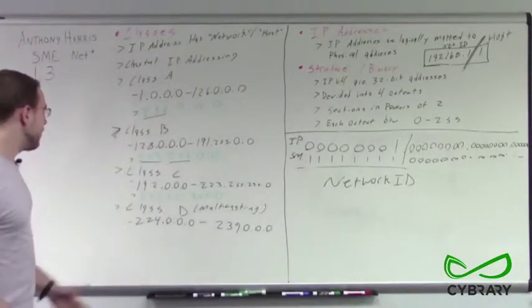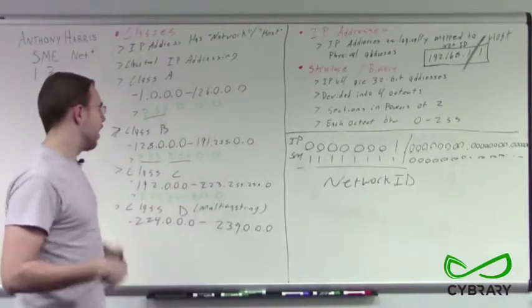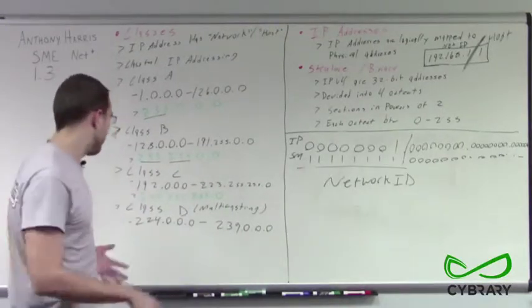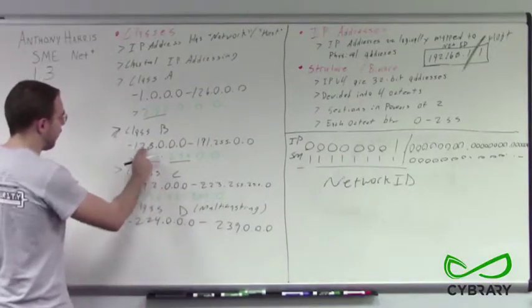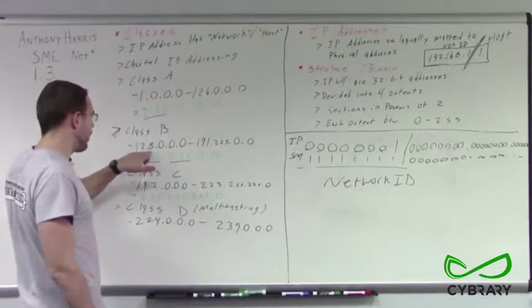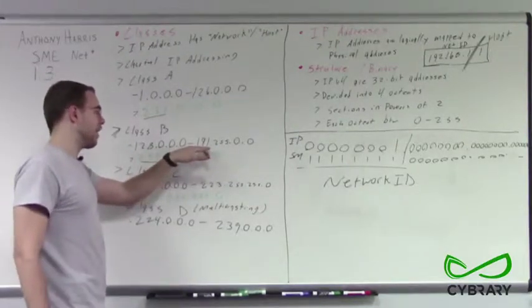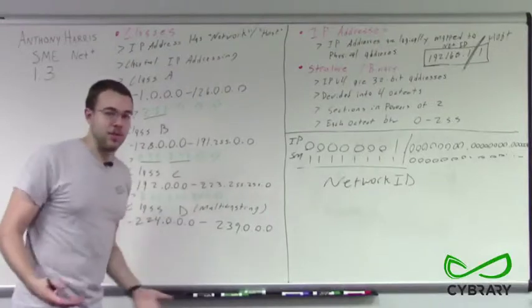Now our Class B is going to shrink the number of our hosts down, but it's going to increase the number of our potential networks, because now Class B addresses are between the range of 128.0.0.0 through 191.255.0.0.